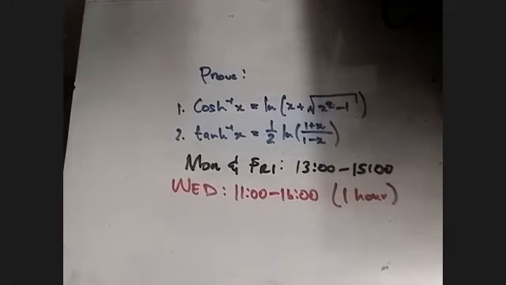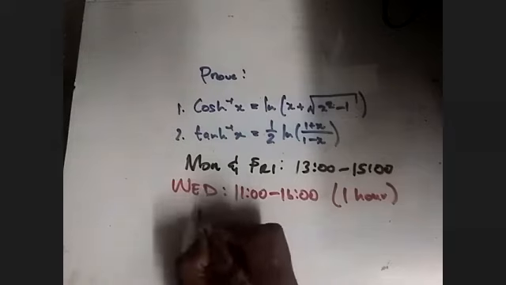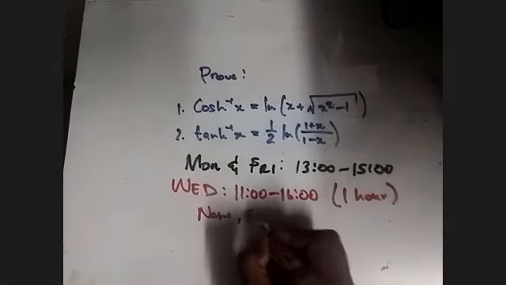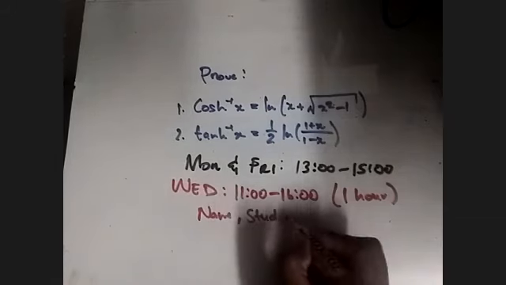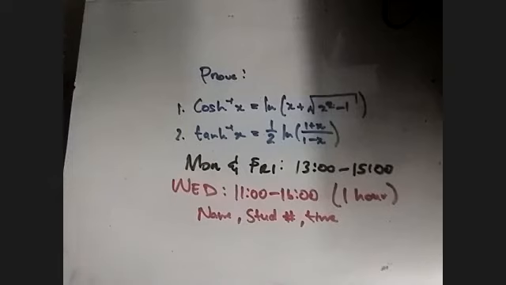So therefore, you must put up your name, your student number, and the time that you want, such that we can confirm. And you must do this before Friday of the previous week, such that we know who we are dealing with here. We don't have any clashes and stuff like that.